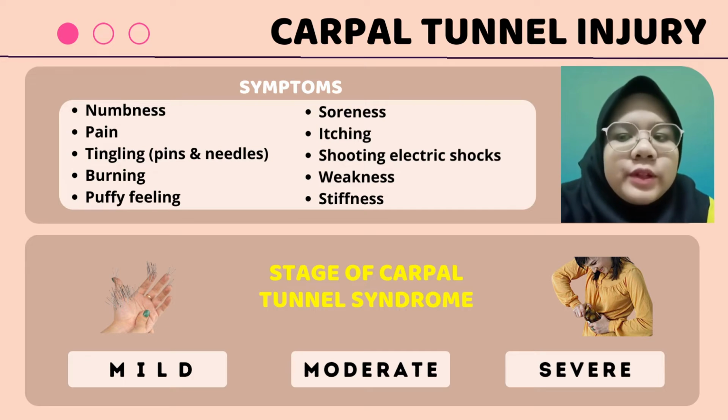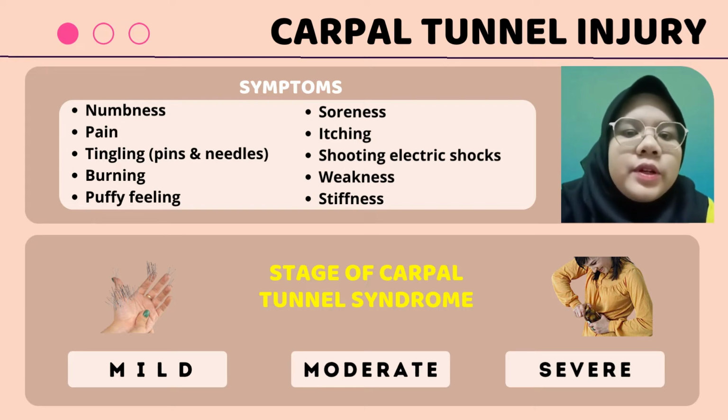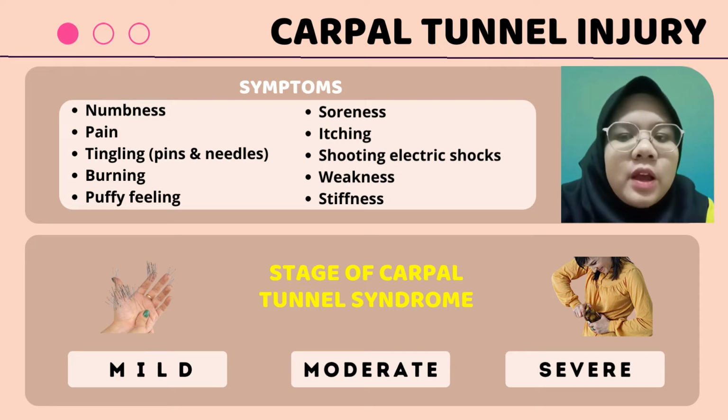Next, we move to the stages. There are 3 stages of carpal tunnel syndrome, where the first stage can be called the mild stage. In the mild stage, people will feel numbness or tingling in their hands. Next, the moderate stage happens when the median nerve inside the wrist becomes more and more damaged by swollen tendons.